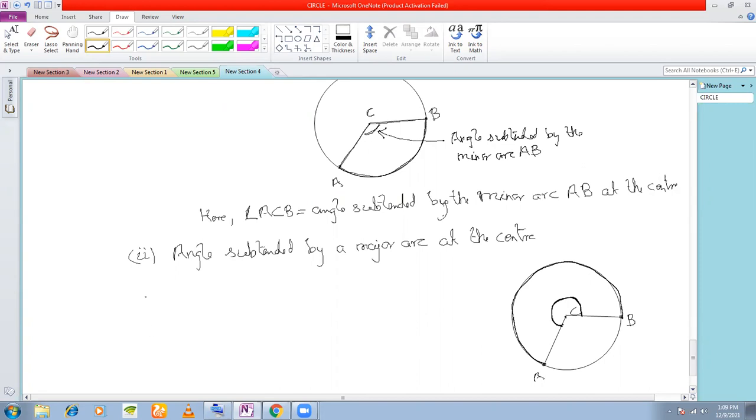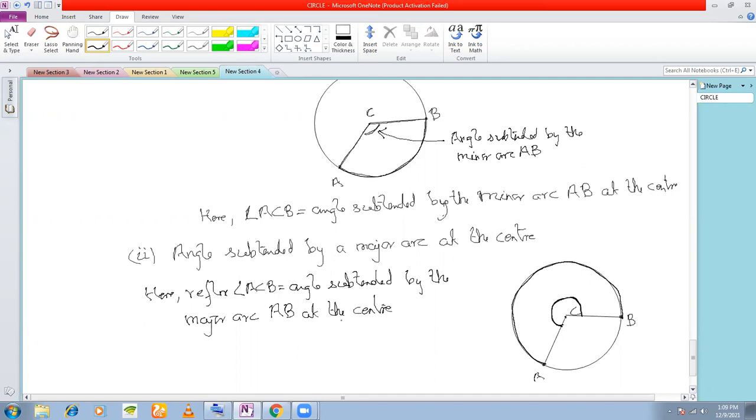So therefore here, reflex angle ACB is called the angle subtended by the major arc AB at the center.